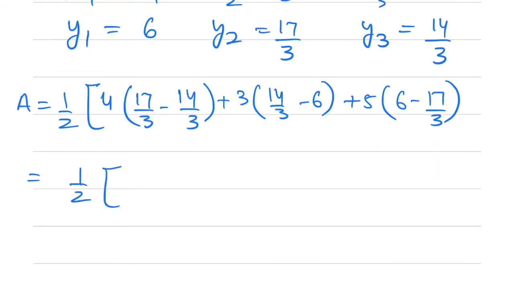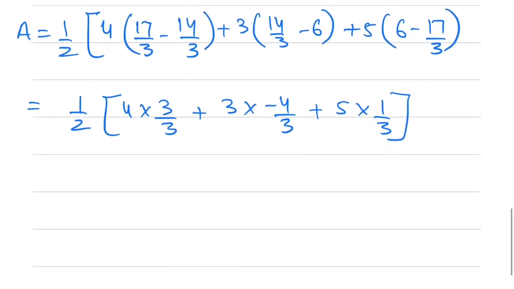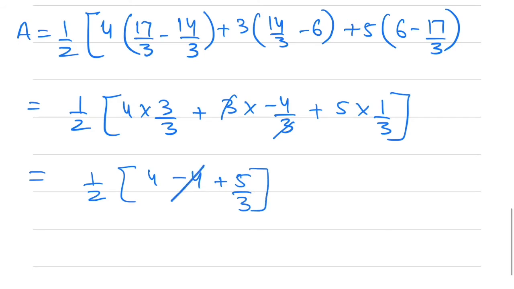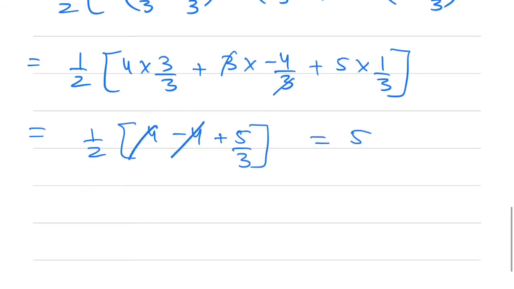Half into [4 into 3 by 3 plus 3 into (14 minus 18) by 3 plus 5 into (18 minus 17) by 3]. So this is equal to half into [4 minus 4 plus 5 by 3]. So this gets cancelled, and we get 5 by 6.